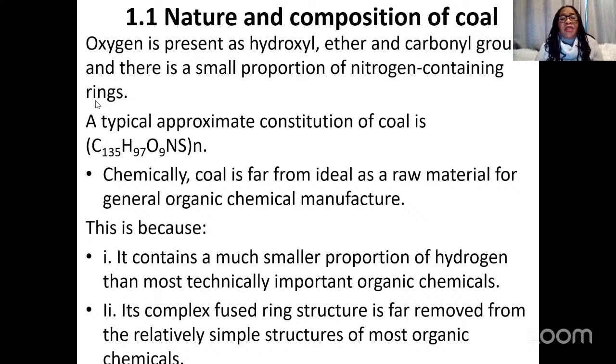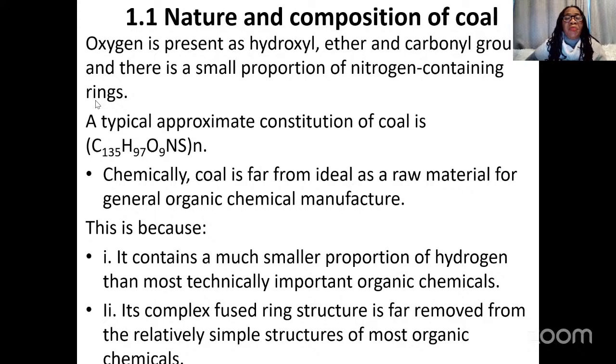This is a typical approximate constitution of coal. As you can see here, a lot of carbon, C135, H97, O9, then you have nitrogen and sulfur. This is not a complete molecule. This is just a unit. You can see the end there.